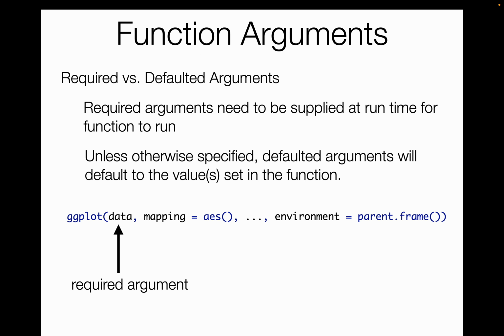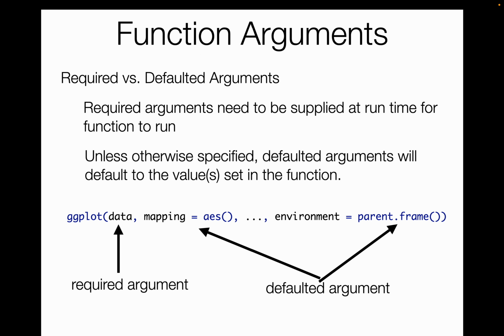And so you see in the call in the code that I have here, it just says data and nothing else. Whereas the mapping and the environment both have an equal sign next to them. Mapping equals the aes function, the aesthetics function, which we know now.